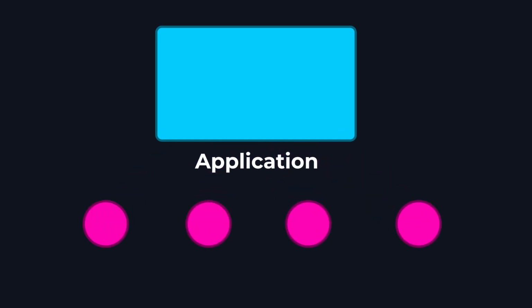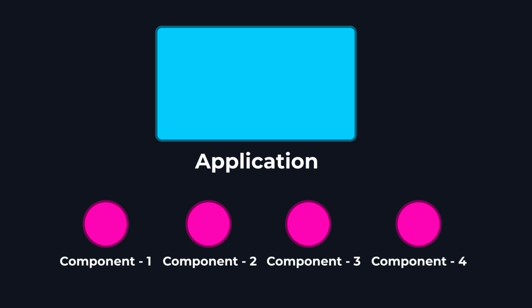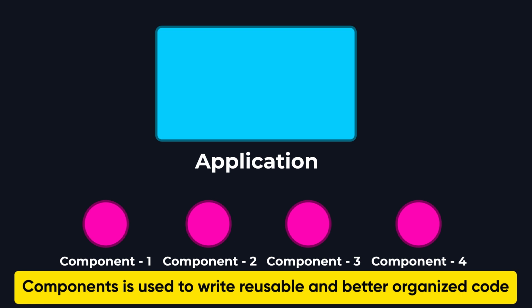Instead of that, we will divide our application into small pieces of code. These small pieces of code are called components, and then React will take care of writing simple code for creating and updating the DOM. So components are used to write reusable and better organized code. Let me explain with an example.